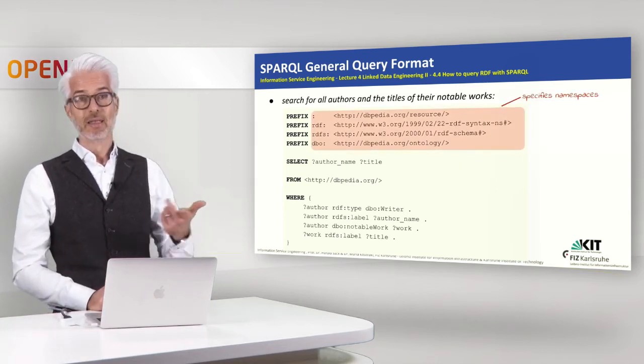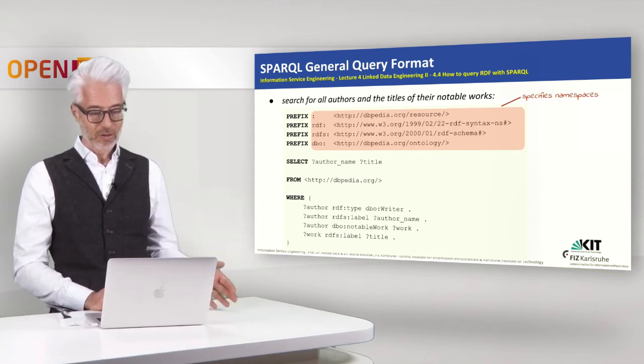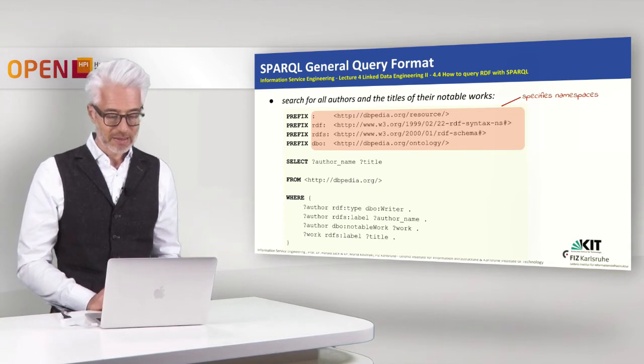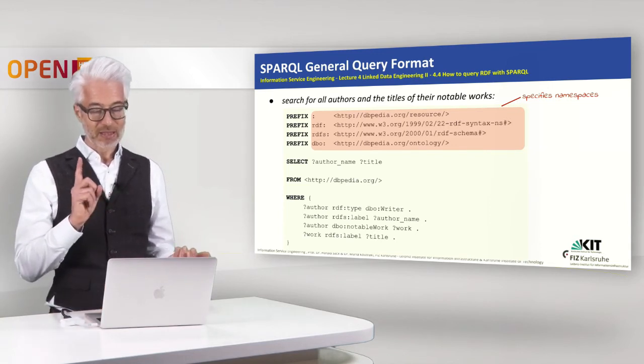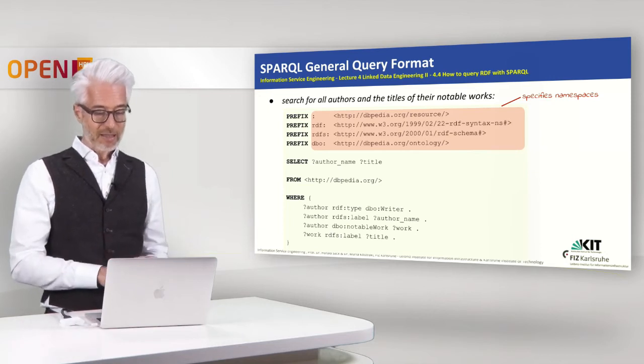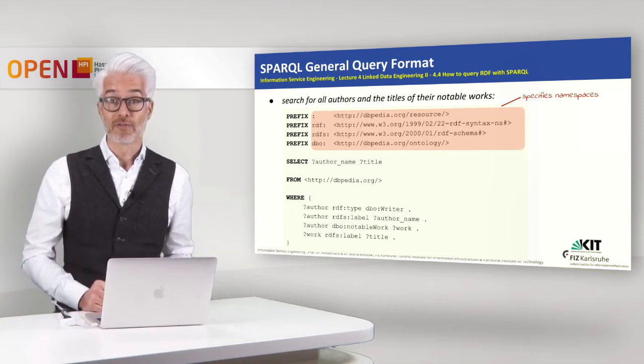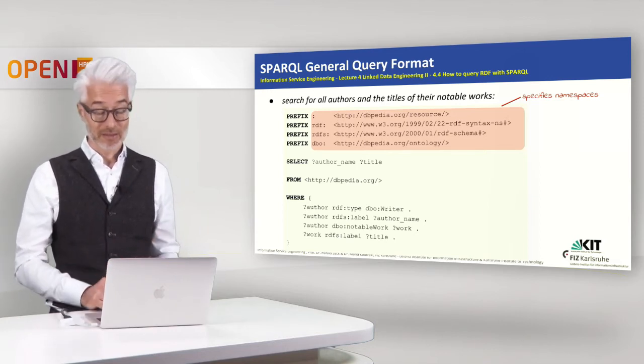First of all, my most basic namespace, simply denoted by a colon. This is the DBpedia namespace, and then I define a namespace for RDF, for RDFS, and also for the DBpedia ontology to make life easier. So these are my namespaces.